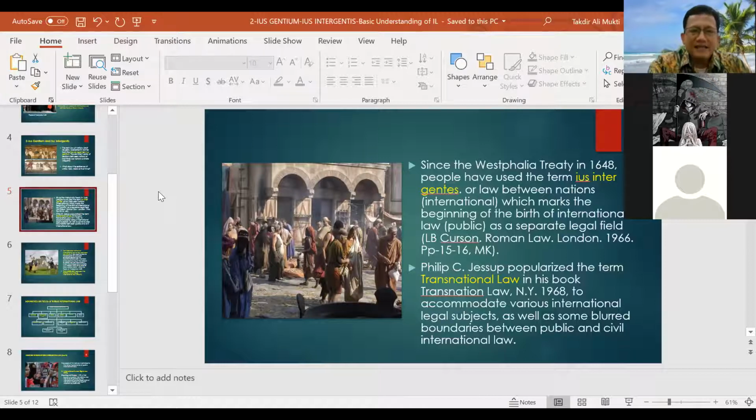As I mentioned before, the Westphalia Treaty is very, very important in international relations studies because under this treaty, the characteristics of a modern country were designed and agreed among the European countries.